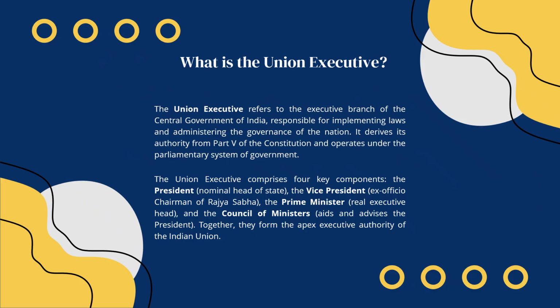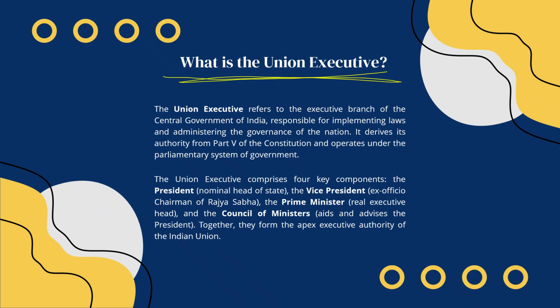Now, let's begin with a very basic but important term, that is, what is Union Executive? Whenever we talk about government, there are three main parts: legislature, executive, judiciary. And today we are focusing on the executive.